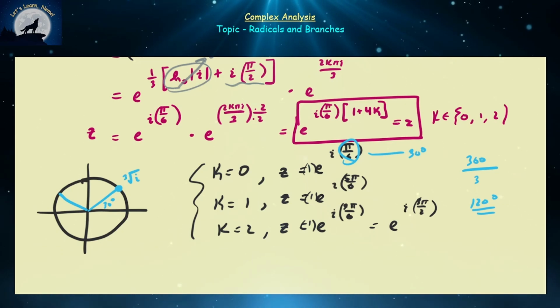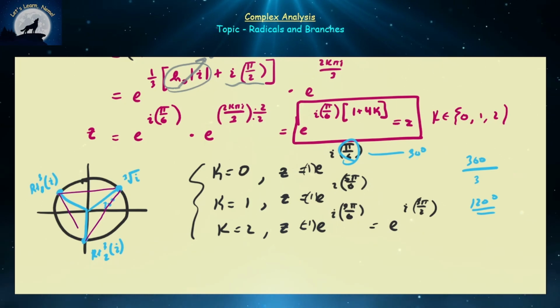And then 3 pi over 2, that's going to be located down here. So there's your next root, and down here that's going to be equal to the third root of i. So if we were to connect these vertices together, what shape will you get? You will obviously get an equilateral triangle.